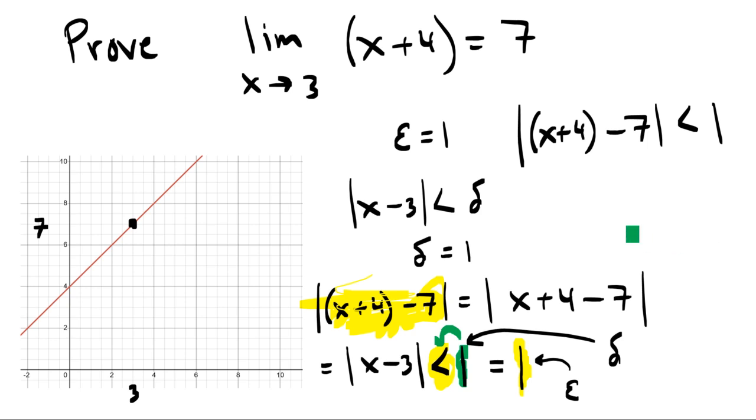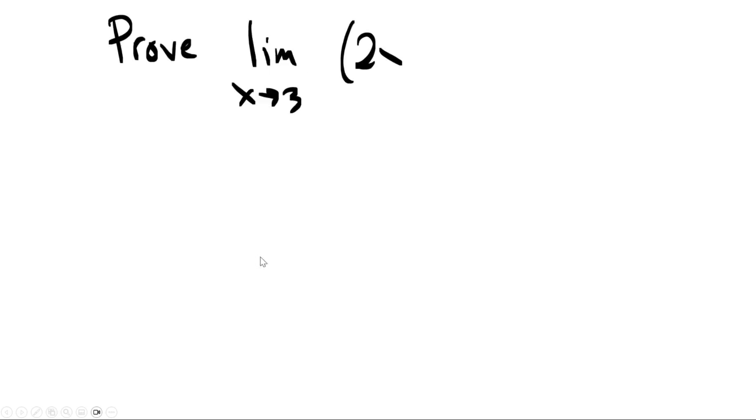All right, let's do one more, and I think this will clarify this little piece right here. So prove that this is true. You guys write it down. I think once you see this, at least the numbers themselves could make sense.